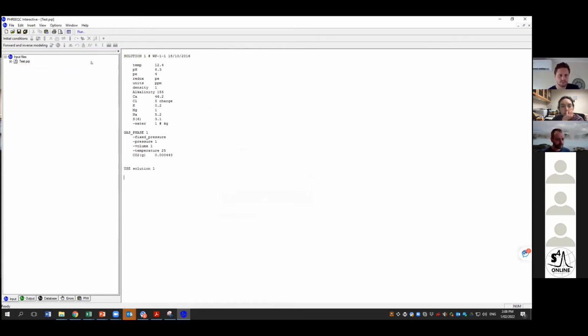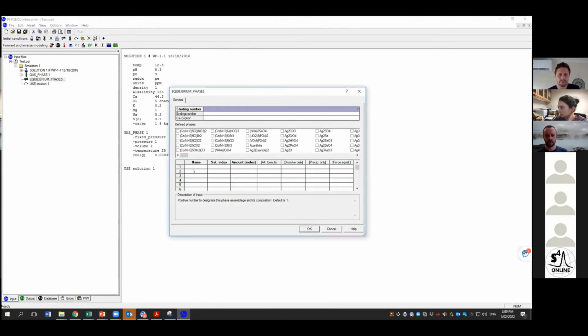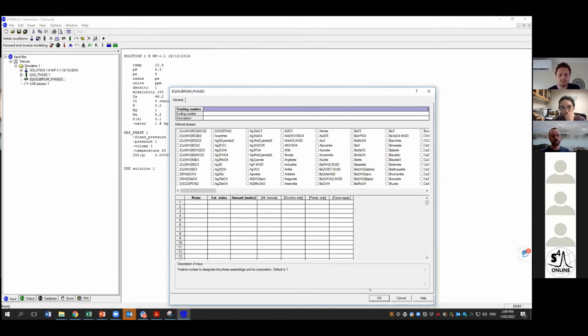And then we're going to introduce what's called an equilibrium phase. Equilibrium phases, that's the helpfully identified forwards and backwards equilibrium arrow there. Hopefully you can see that. I'm going to click on that. And now there's a whole smorgasbord of phases for you to choose from.